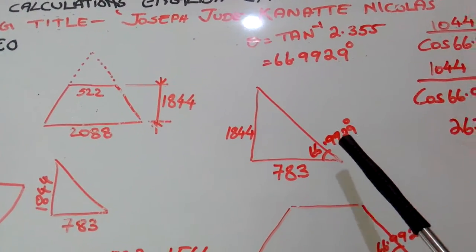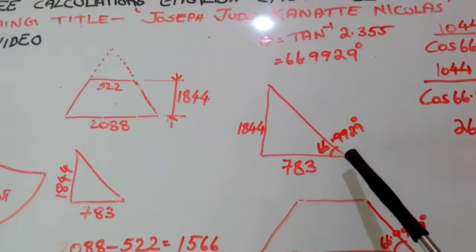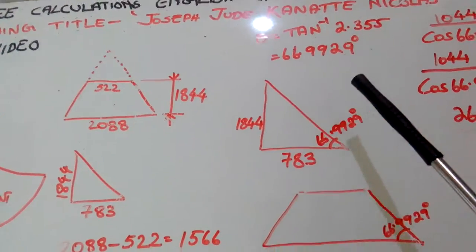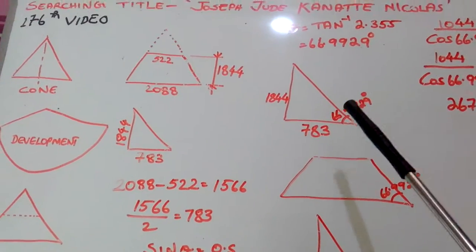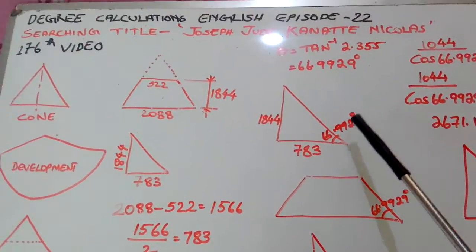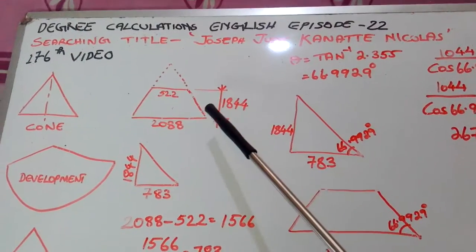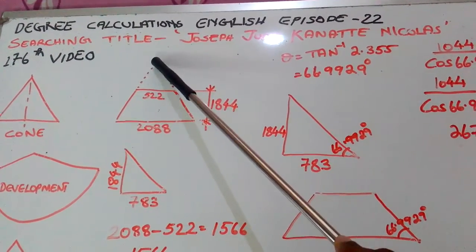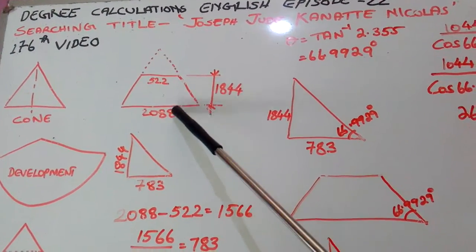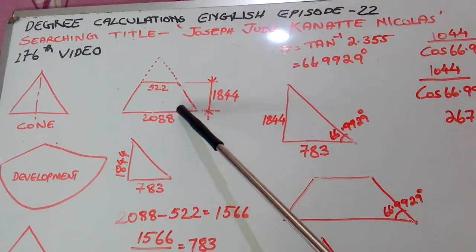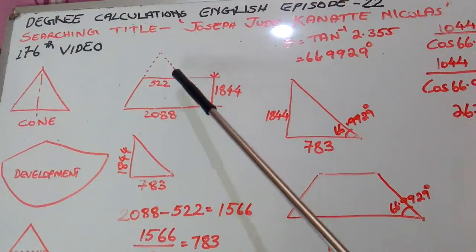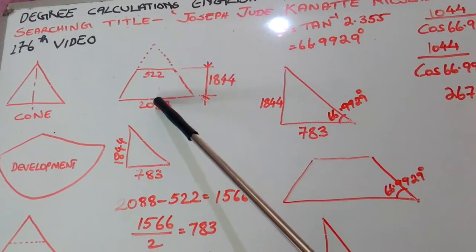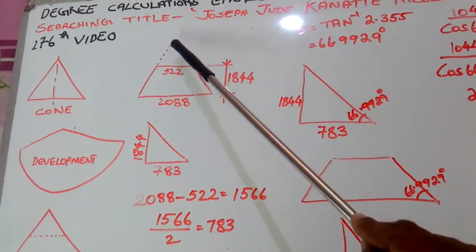If we have these measurements, we can find the total length from here to here, because we know this degree is 66.9929, and using this measurement or this measurement, we can find this length.